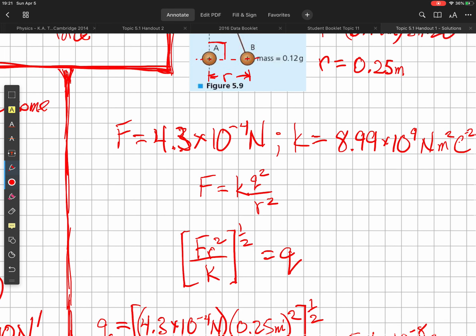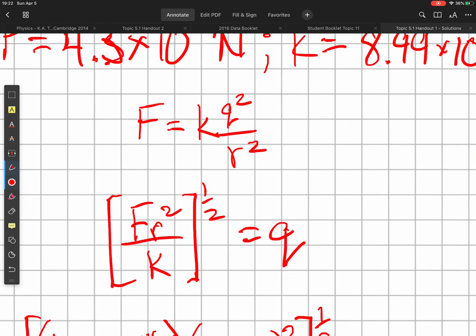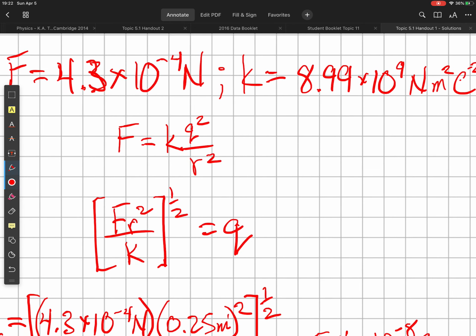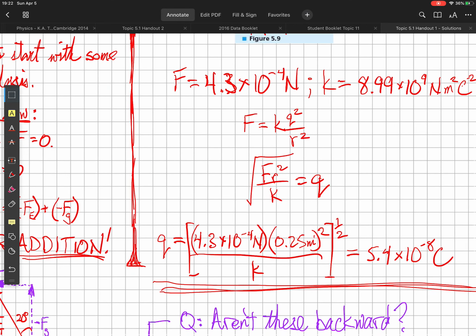Okay, if I have the radius, then all I have to do is rearrange this equation, and I've kind of skipped through that. Sorry about that. I do skip math quite a lot sometimes, but basically I need to solve for Q. All right, so I algebraically rearrange this and I get square root of force times the distance squared divided by Coulomb's constant, and that is going to equal my charge.